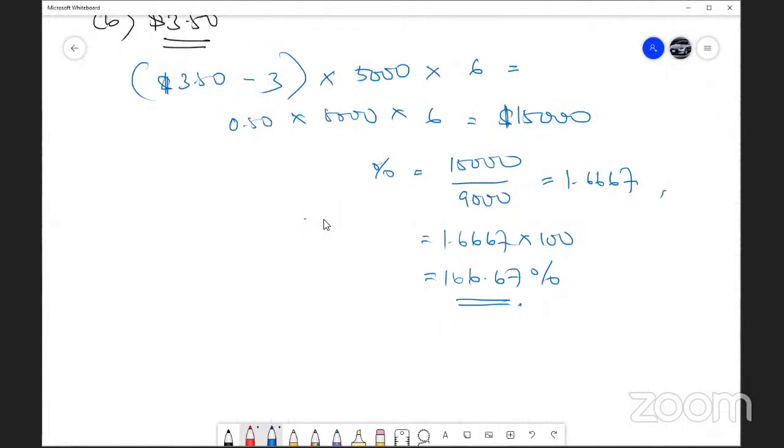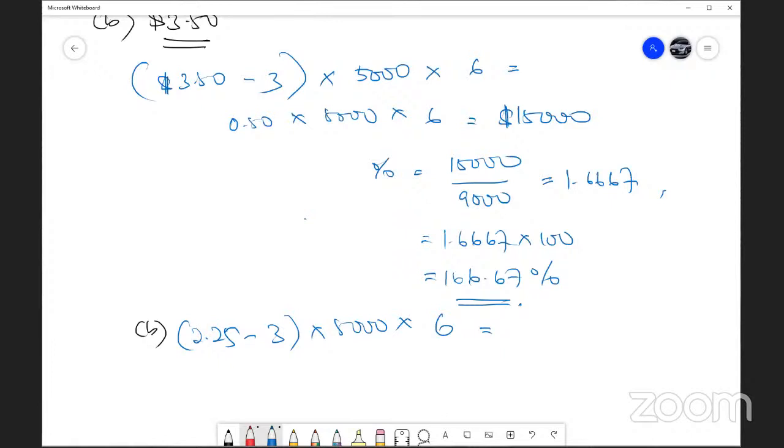So now, part C, they're telling you what happens if the price dropped to $2.25. So again, same: take $2.25 minus $3, multiply by $5,000, multiply by 6. 0.75 cents times $5,000 times 6.